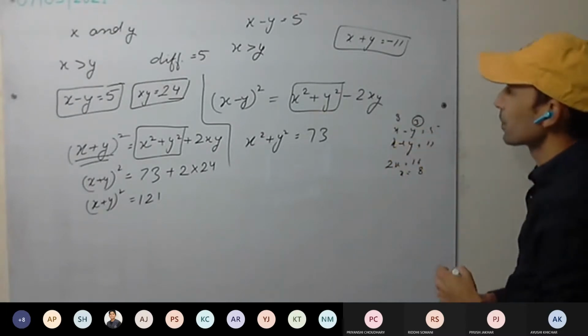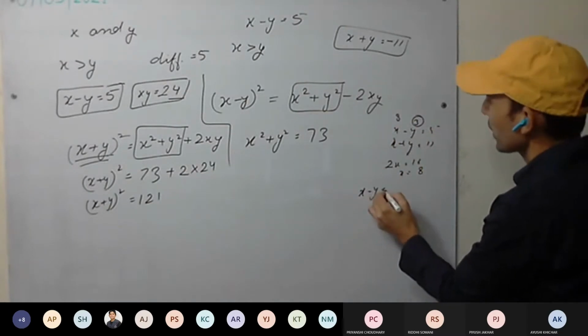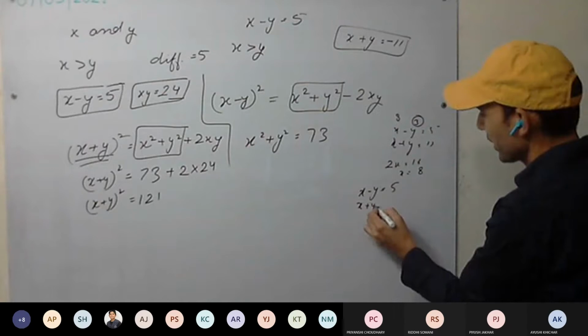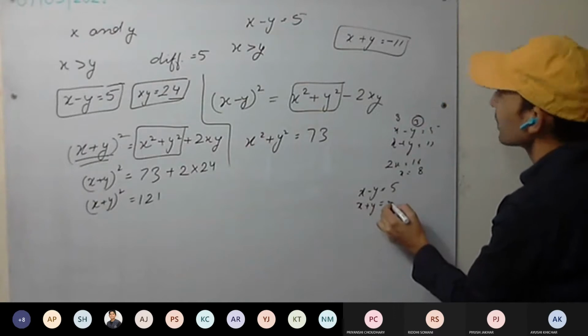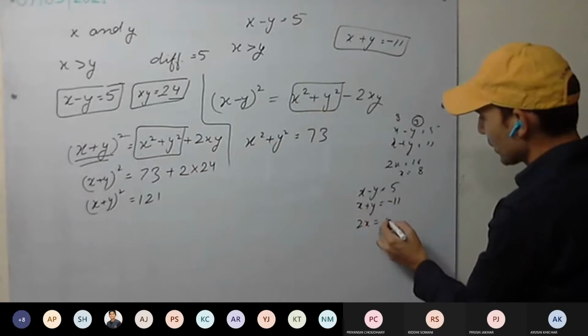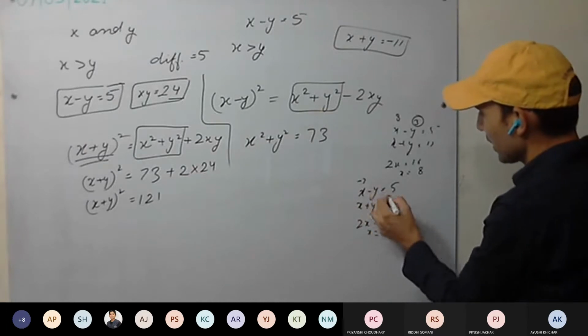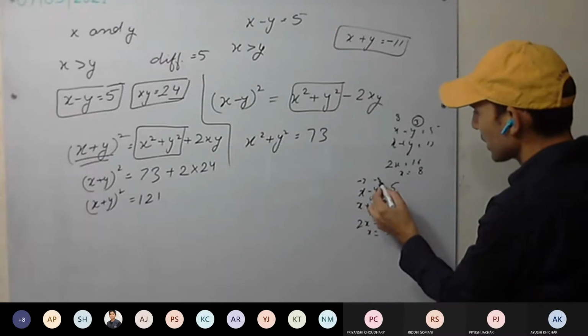If we take minus 11: x minus y equal to 5, x plus y equal to minus 11, 2x equal to minus 6, x equal to minus 3, and y will be minus 8.